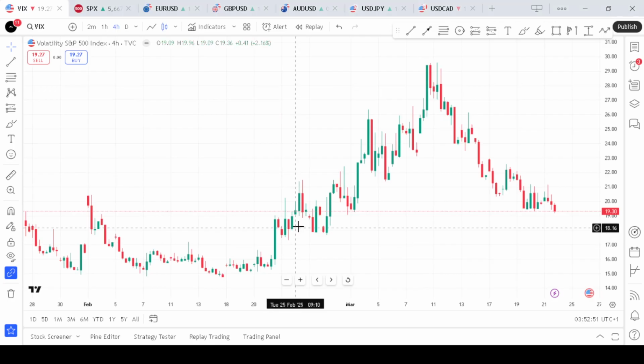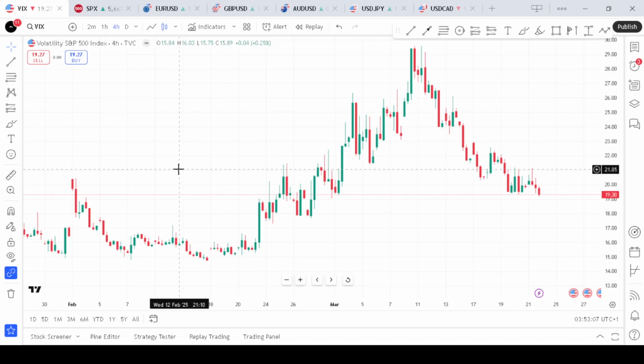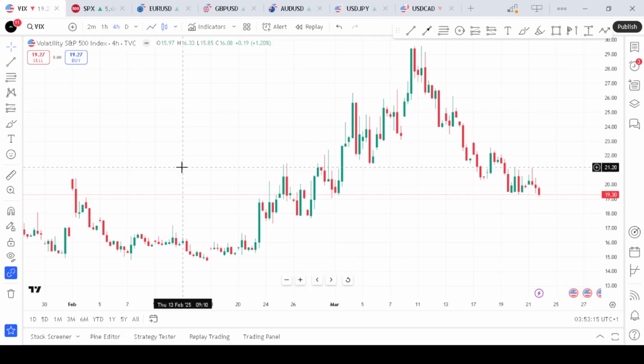The Implied Volatility Index, commonly referred to as the VIX, is a real-time index that measures the market's expectations for volatility over the next 30 days. It is often called the fear gauge because it reflects the level of uncertainty or risk perceived by investors in the stock market.